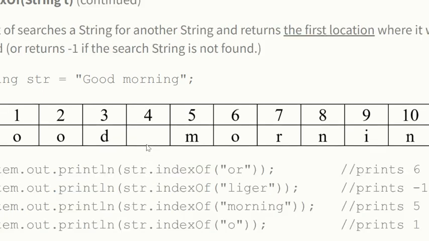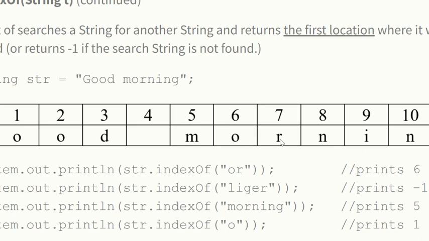So indexOf searches for whatever you're asking it to search for, and it tells you where that thing starts in a string, or it tells you it's not there. So here's an example. If we have this string good morning, and I say, tell me the index of or, it's going to print 6. So let's see how that worked. Here's or.